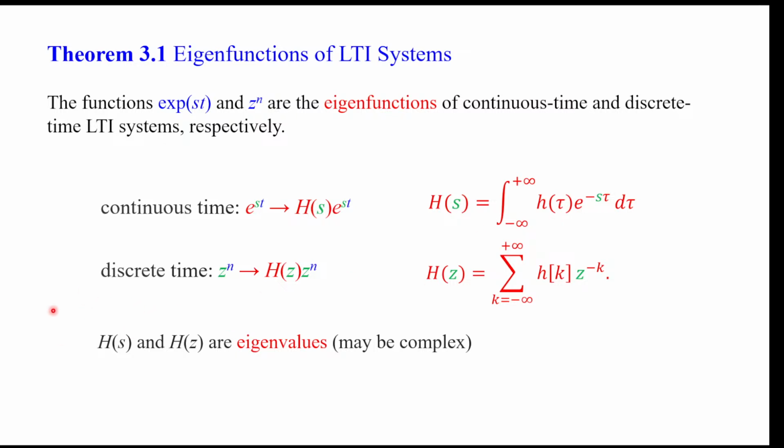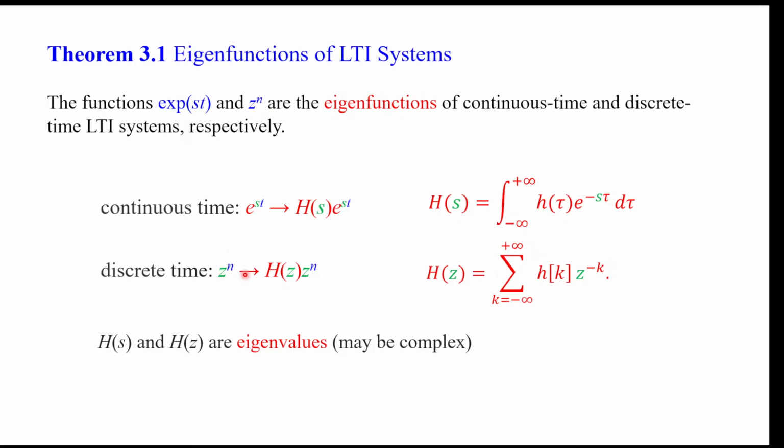For discrete time, you can still write e to the sn here, but for reasons that will be clear later, we want this notation more. So we write it as z to the n, which is the eigenfunction, and its eigenvalue is H of z.